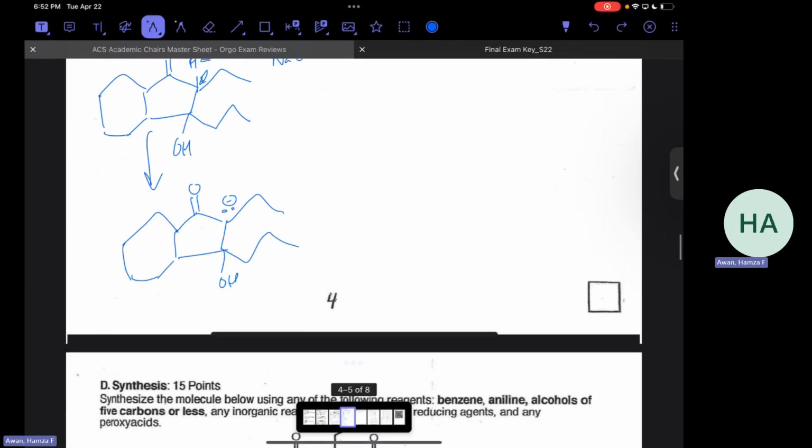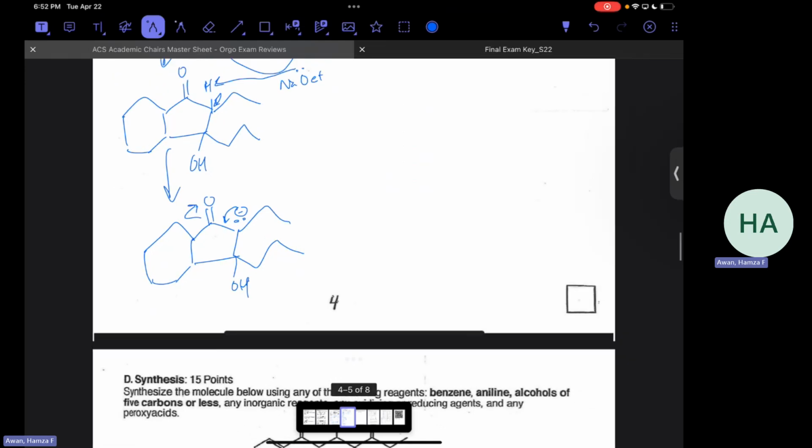So in this mechanism, we cause it to become an enolate. So we have our resonance structure, I guess, right. So O minus, OH.